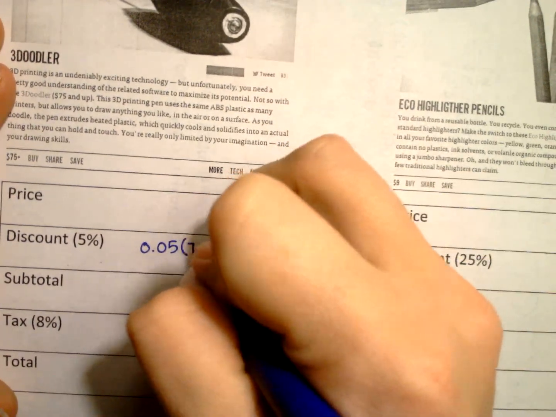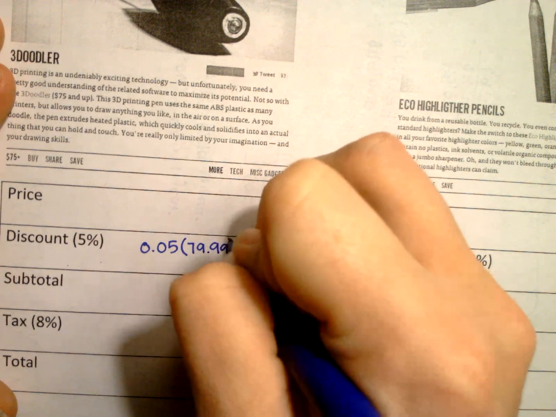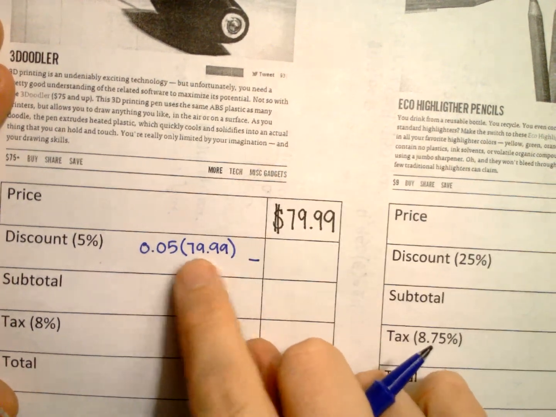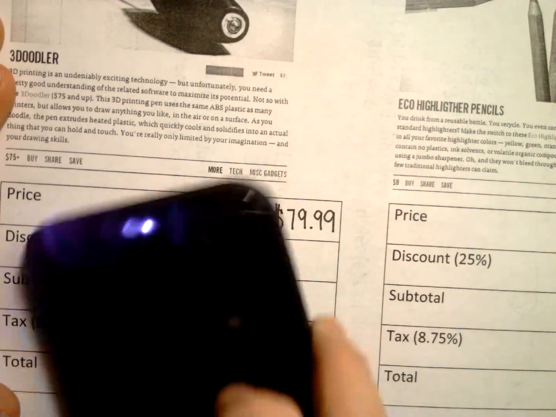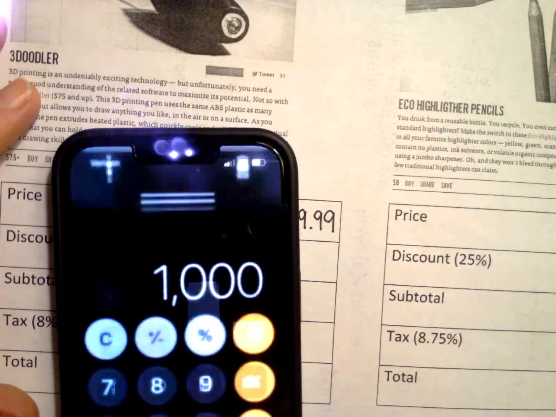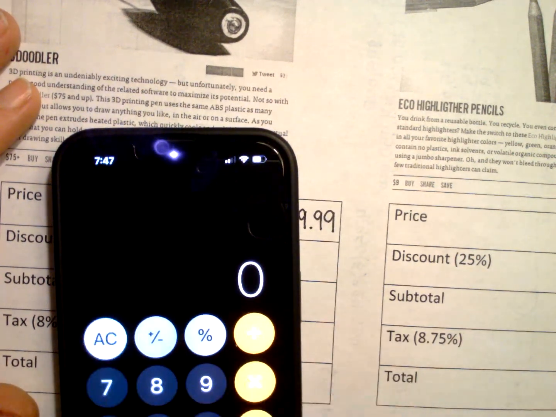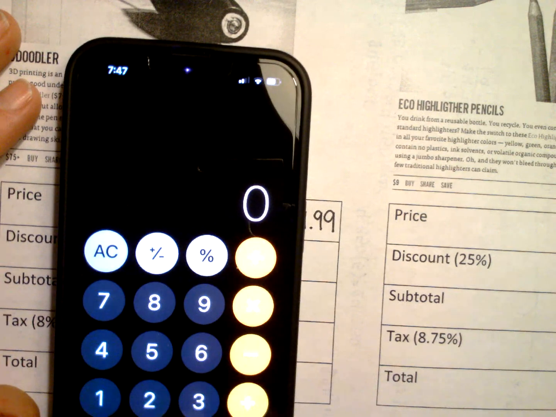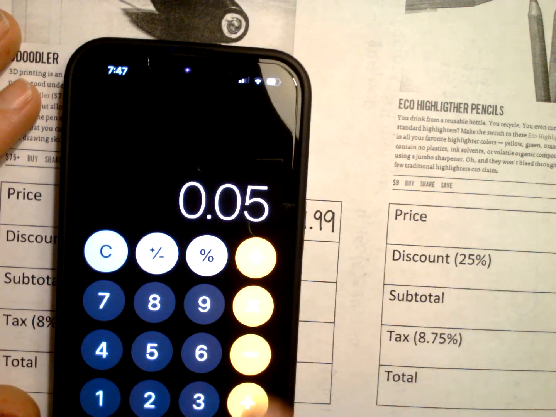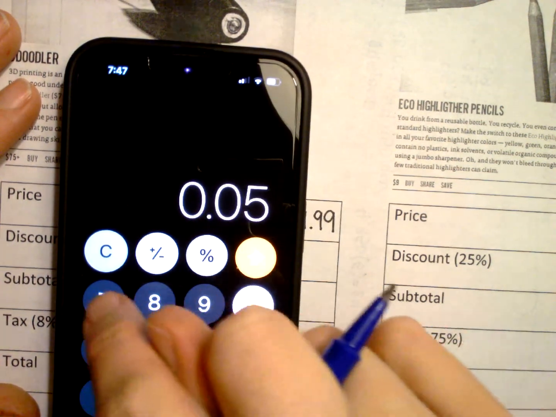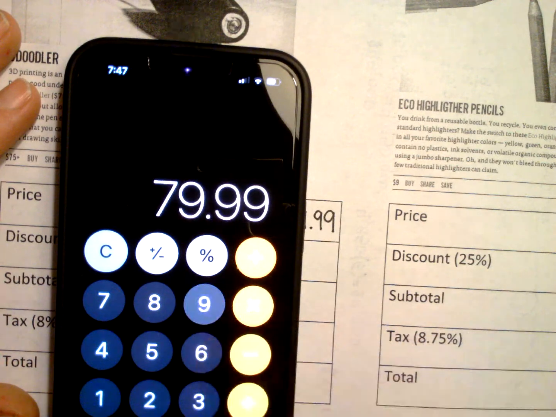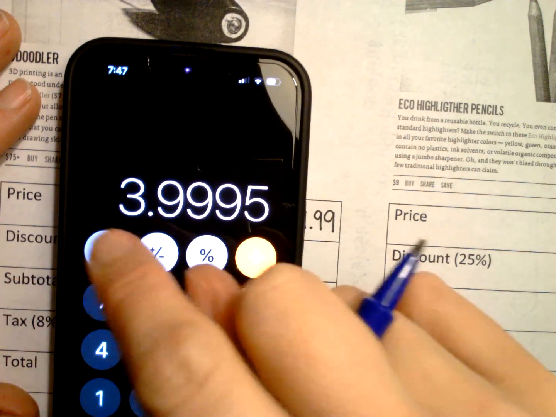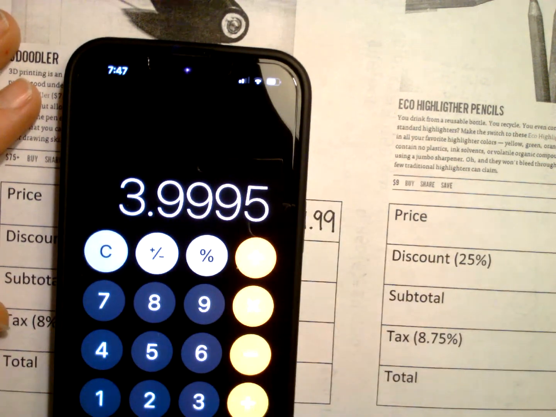So 5% of $79.99. So I have to clear out my calculator from before. I have 5% of $79.99, and it is this number.